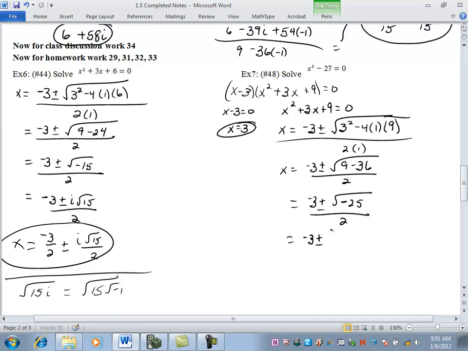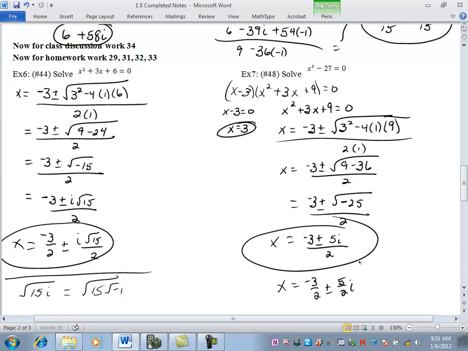We know that the square root of negative 25 is 5i, all over 2, and we can leave our answer like that. If you want to split it up, negative 3 halves plus or minus 5 halves i, that is certainly okay as well.